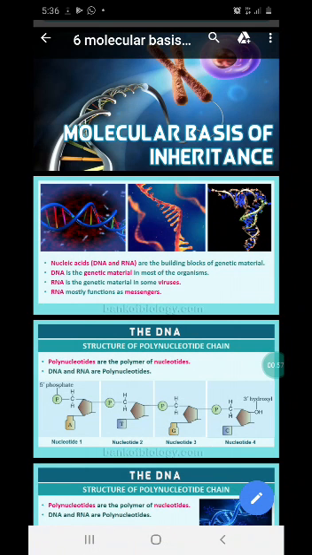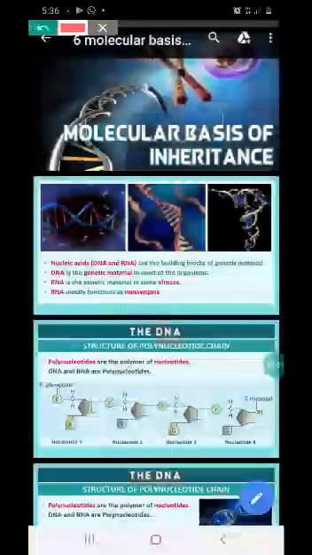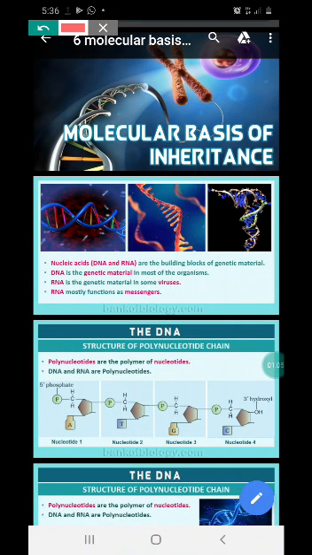Now, what is one nucleotide made up of? It is made up of a nitrogenous base, a pentose sugar, and a phosphate molecule. It is made up of three components mainly. What are they, children?